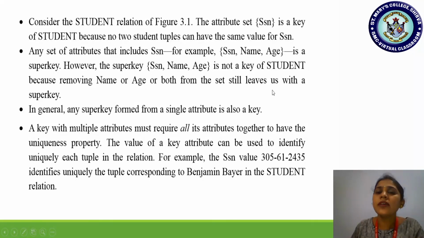So what happens here, the student tuple, with the help of SSN, is exhibiting the uniqueness property. I mean that student tuple can be recognized only with the help of the SSN key value. Are you all understanding? So any set of attributes which includes SSN is a super key.